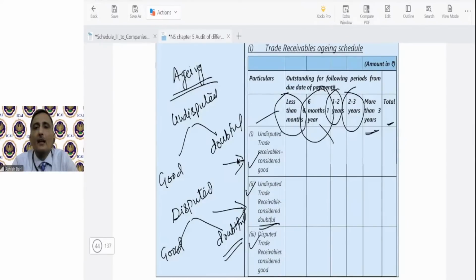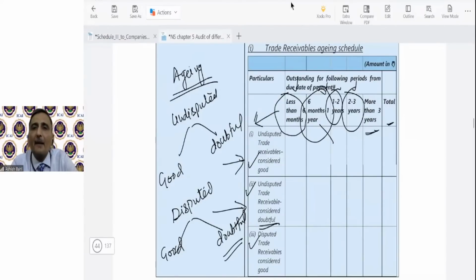So students, aging of trade receivables has to be performed in terms of payments pending, in terms of outstanding from the due date of payment, showing a breakup of this period.